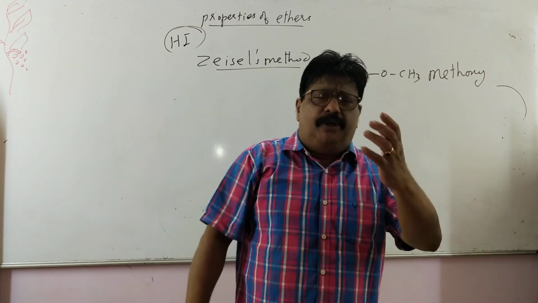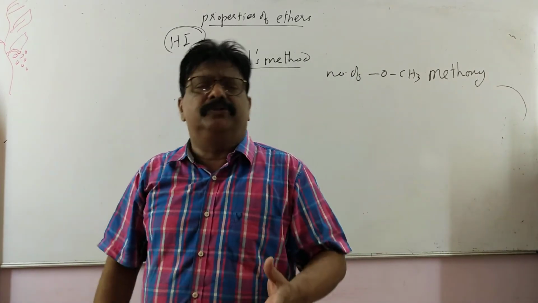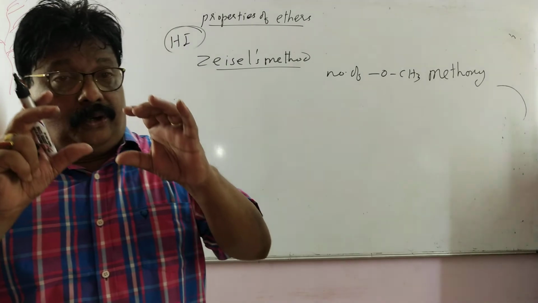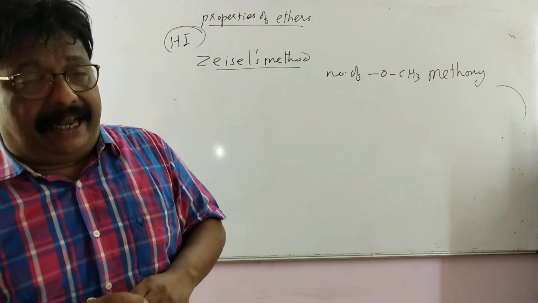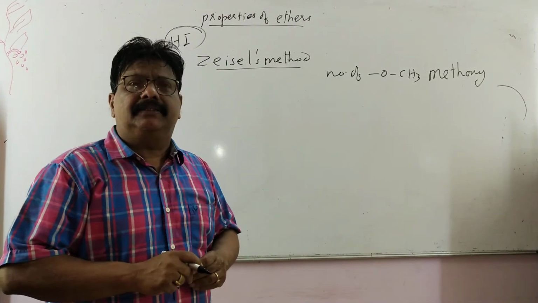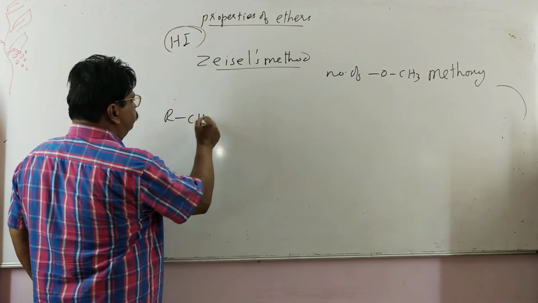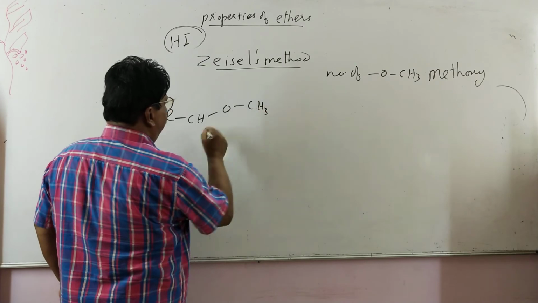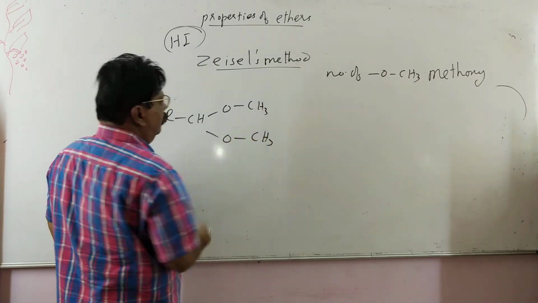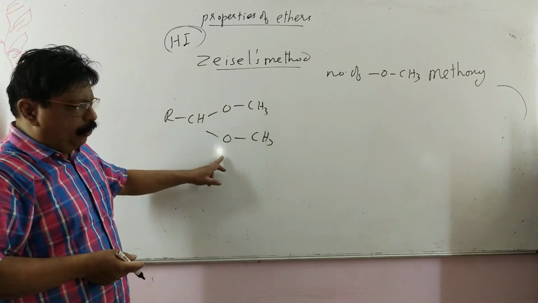How many methoxy groups are present in an organic compound? To estimate that, we are using the Zeisel's method. I am taking this reaction. There are 2 methoxy groups.